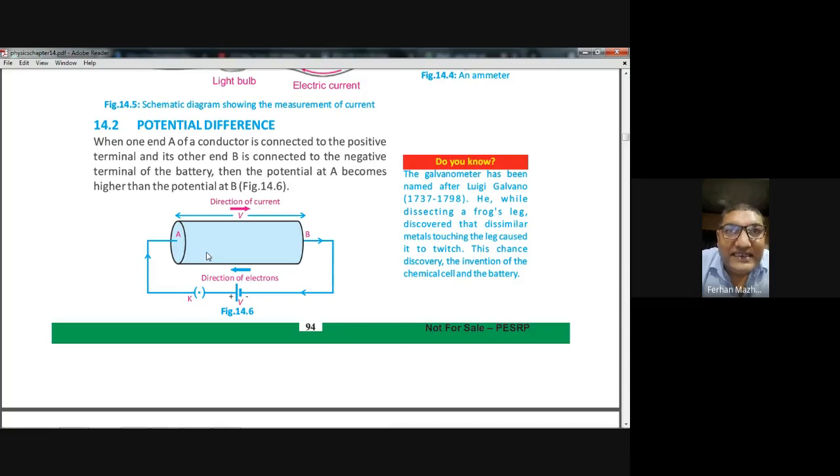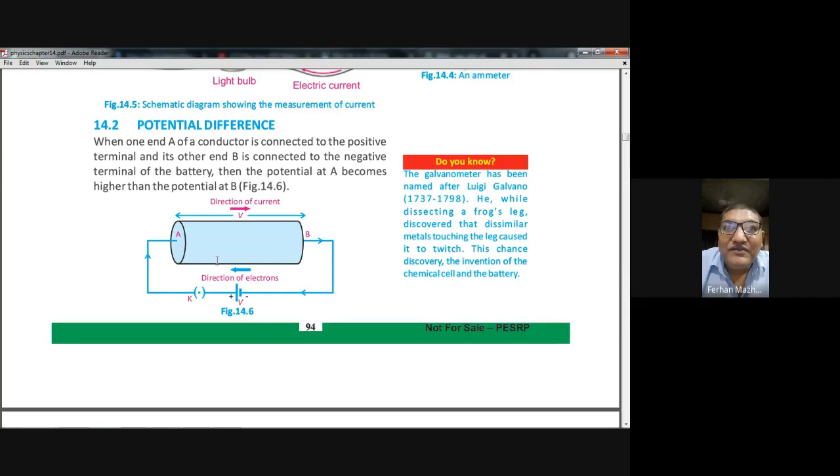So what this resistor does is convert whatever electric energy was provided by the cell to the charges into some other form. And the charges which come back have zero energy. Okay?